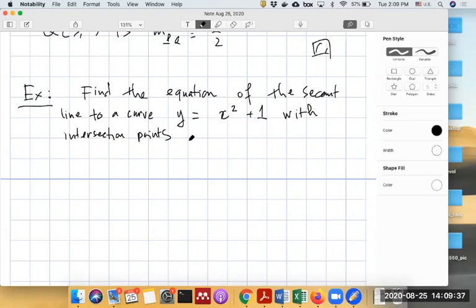Okay. Intersection points at x is equal to 1 and x is equal to 2. Okay, this is the question.